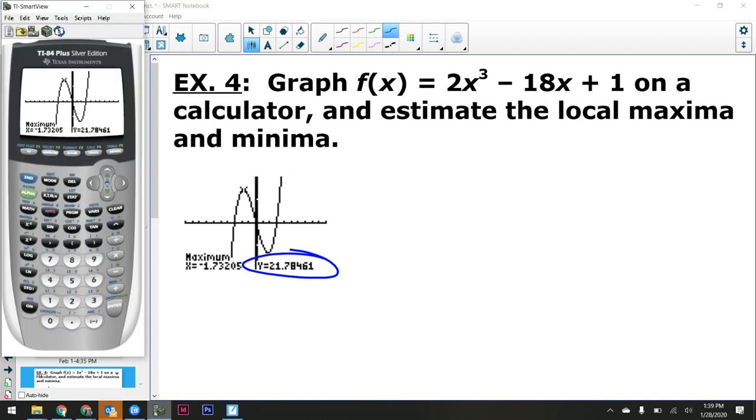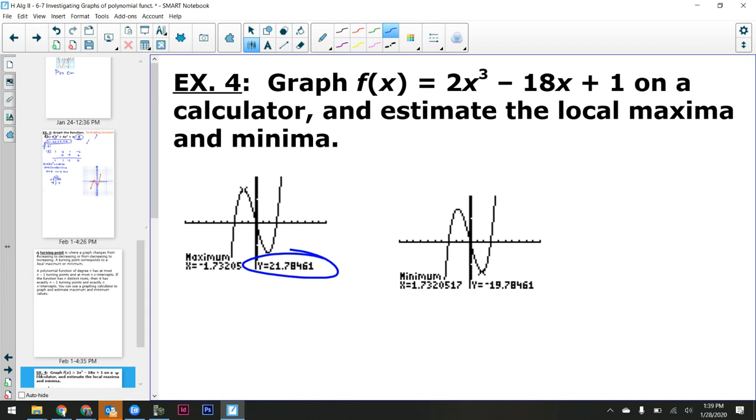If I wanted to find a minimum, like this one to the right, I would just calculate the minimum value. Left boundary, somewhere to the left of the valley, somewhere to the right of the valley, and then I go somewhere in the middle. And coincidentally, or not so coincidentally, they have the same decimal. Isn't that interesting? That's kind of cool. All right, questions about that?